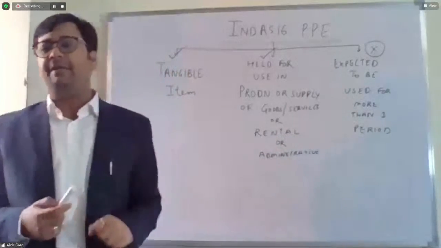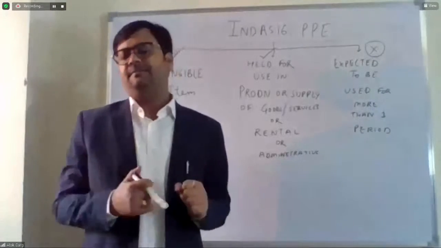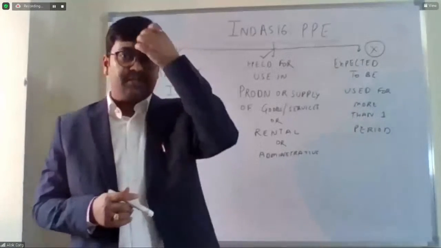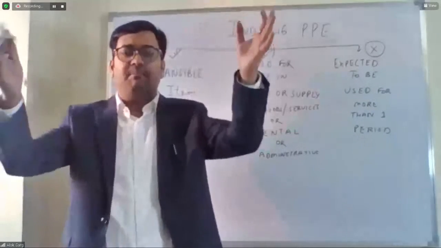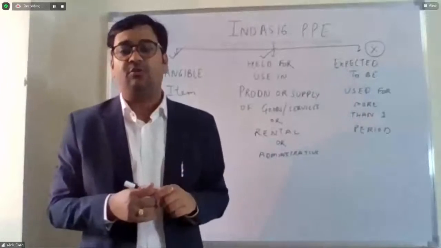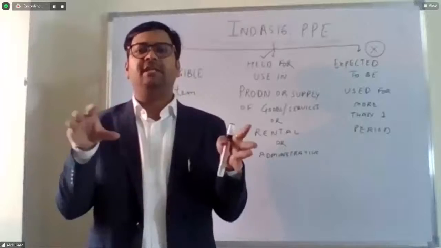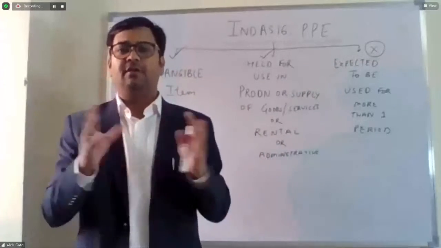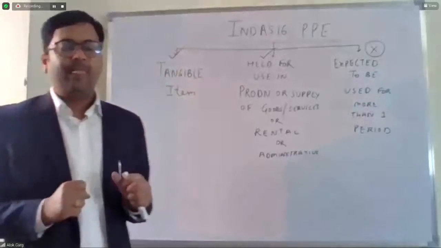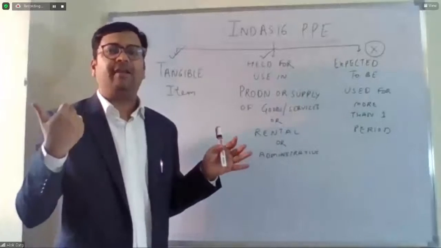Sir, what is meant by rental purposes? Have you seen the construction site? There are some machinery, some cranes on the construction site. There are some mixer machines, which are mixing the cement, sand and other stuff for construction. All these items have been hired on a rental basis.